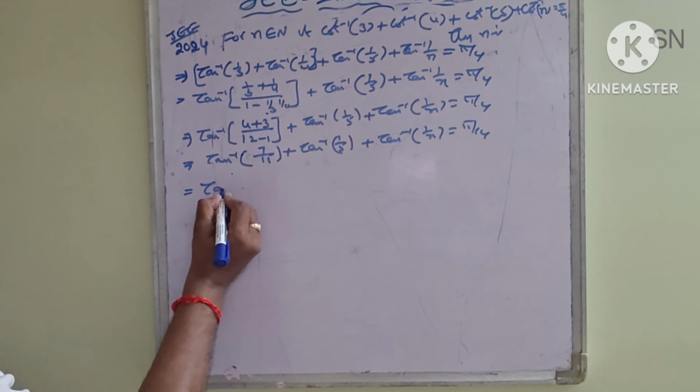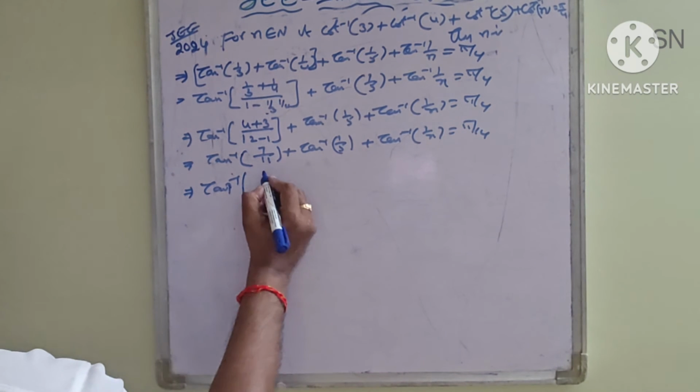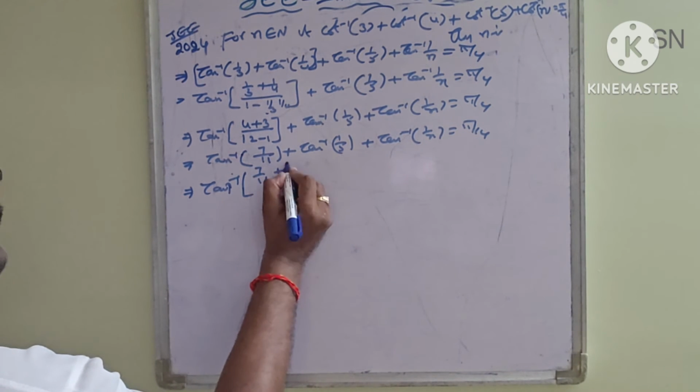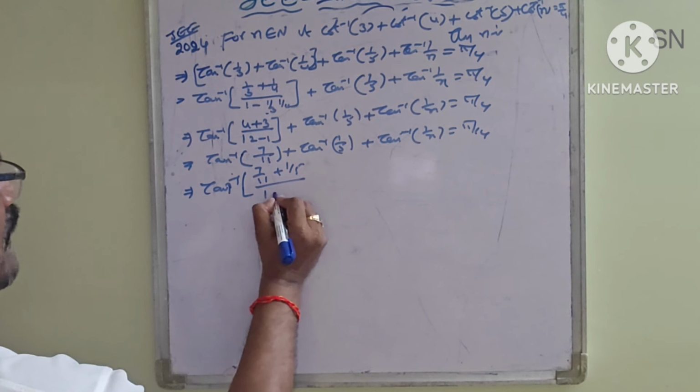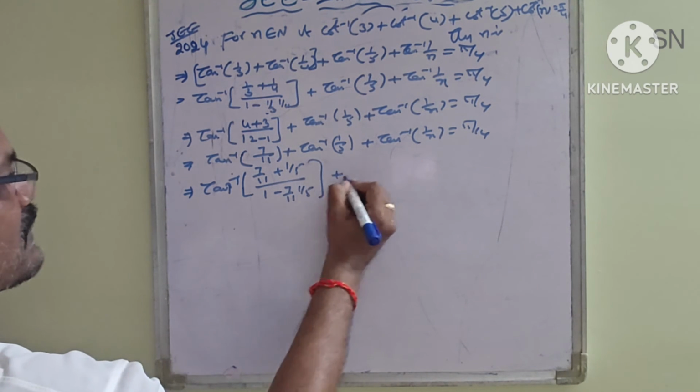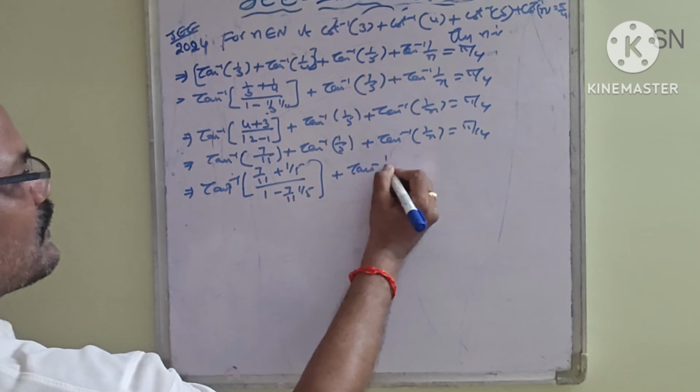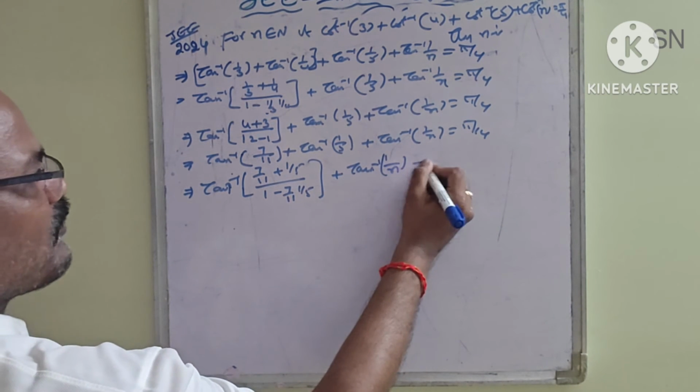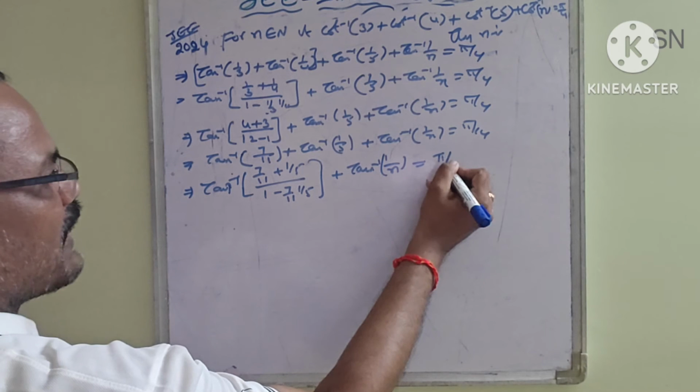Now here tan inverse of 7 by 11 plus 1 by 5 by 1 minus 7 by 11 into 1 by 5, plus tan inverse of 1 by n is equal to pi by 4.